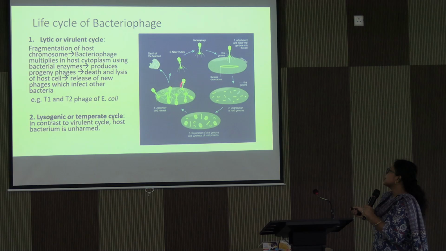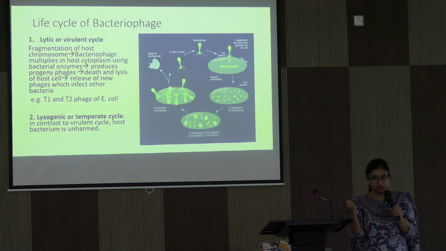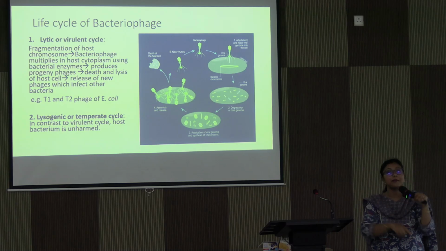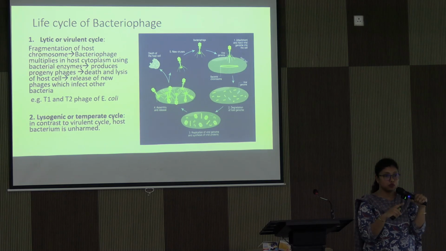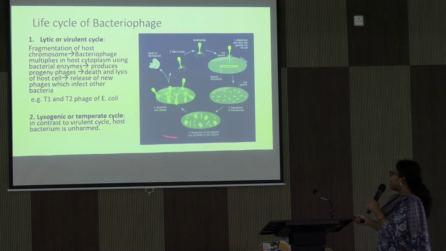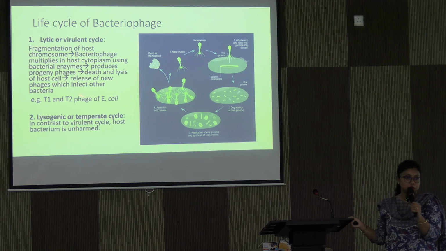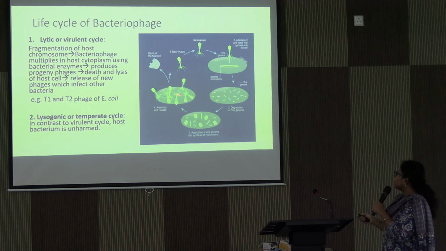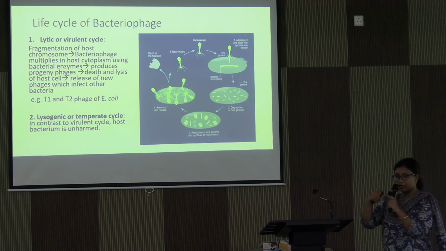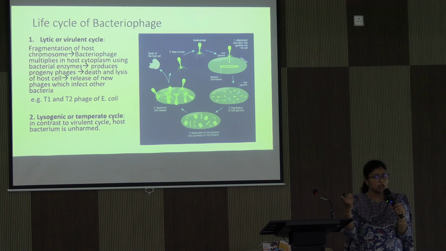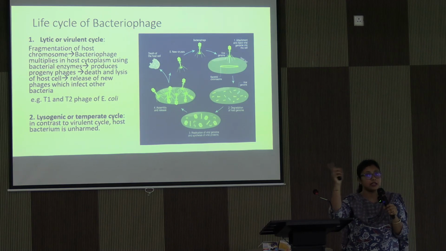So when this packaging is happening, due to faulty packaging, sometimes what happens, you will remember the bacteria's own chromosome was also there. So sometimes the phage, during the packaging, is taking up the bacterial chromosome also inside it. Okay, and finally this cell tears apart, ruptures, all the phages are released and they will go and infect another bacterium.